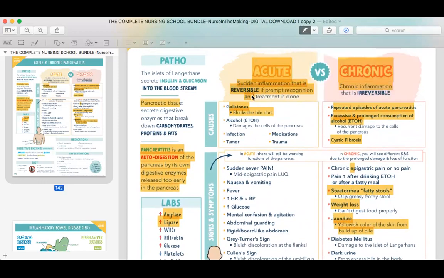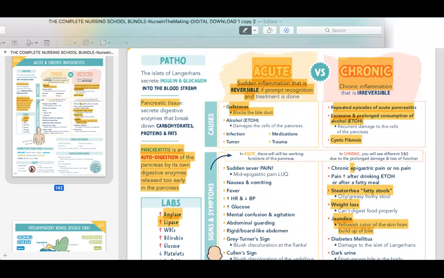So if you have blocks in the bile duct, and let me just show you guys the bile duct so you know what I mean, then this is acute pancreatitis. So this is your bile duct right here. This is your gallbladder, your common bile duct right here. And if you have a stone stuck in there, you see the pancreas is right there.